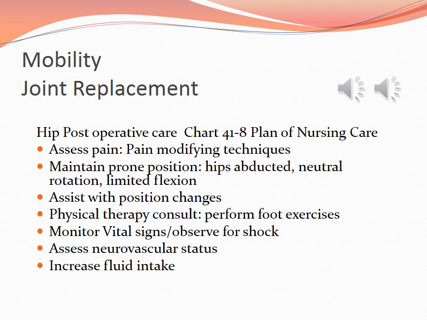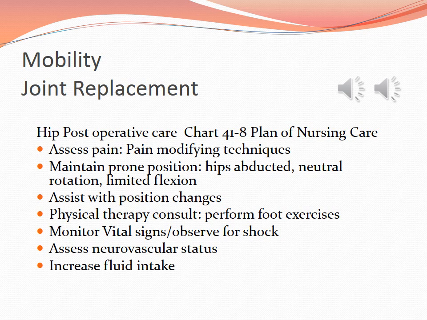A patient receiving total hip arthroplasty or hip replacement has many nursing diagnoses and nursing interventions. There is Chart 41-8, Plan of Nursing Care, in your Hinkle ebook, page 1119. Our nursing interventions would include assessing the patient for pain, asking the patient to describe that discomfort, and using pain-modifying techniques, after which we evaluate and record the discomfort.